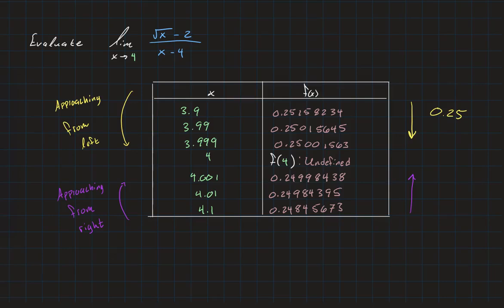I have values getting closer and closer to 4 from the right. So I have 4.1, 4.01, 4.001. Now I don't have quite as clear of a trend as I have over here. I have 0.25 over here and I have 0.24 over here. So it's important for me to actually question what's happening. If I start furthest away, I get 0.2484. So I have this 0.24 in common all the time.